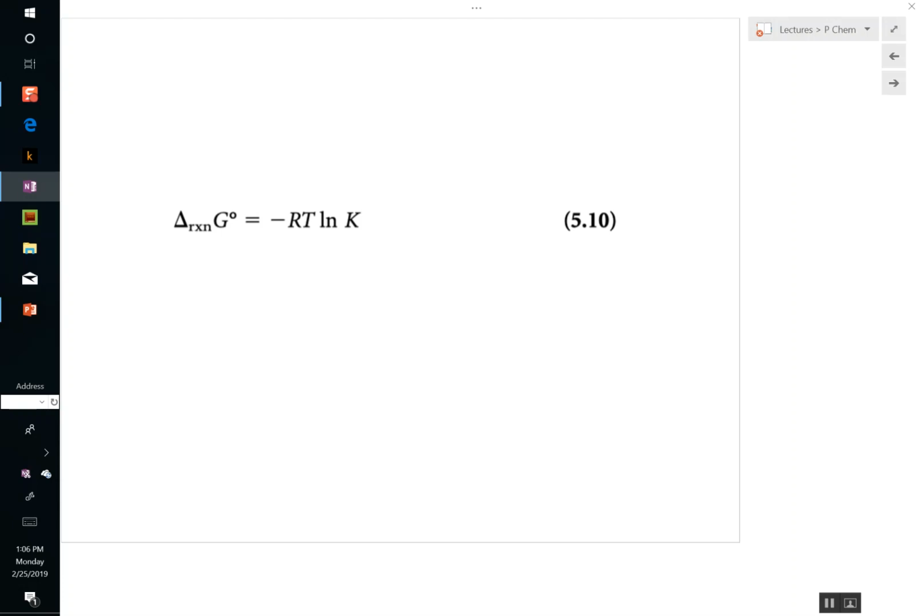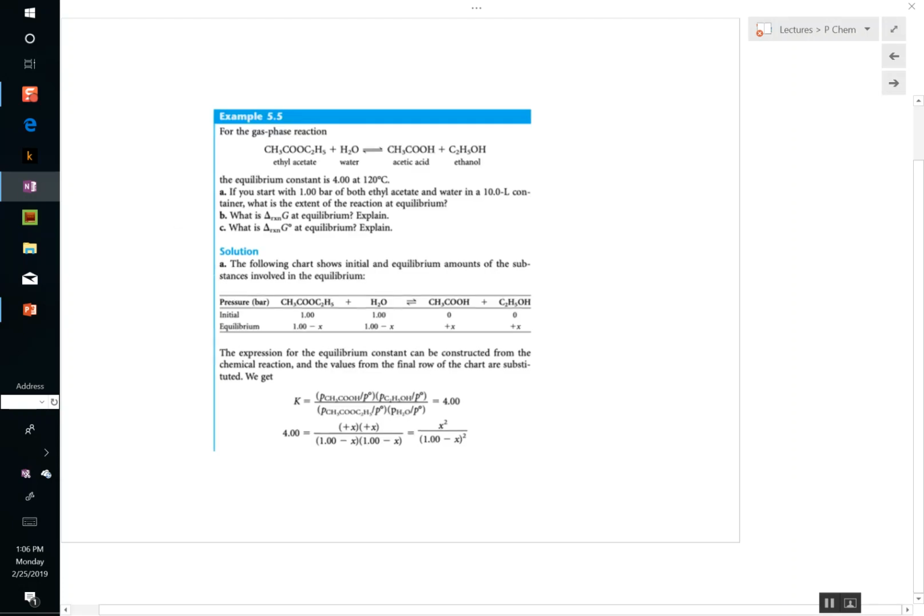You can see the author loves to write the reaction first before the G. He may be right. I haven't looked at too many other textbooks, but I'm used to writing it after the G. But let's look at an example that he has there briefly, and then I want to go into a little bit more detail with the next example that he has.